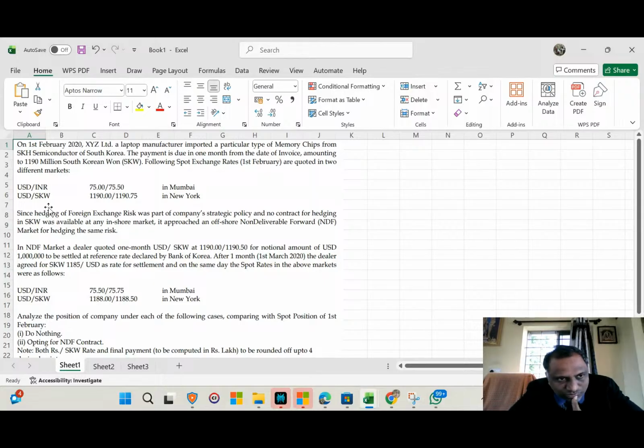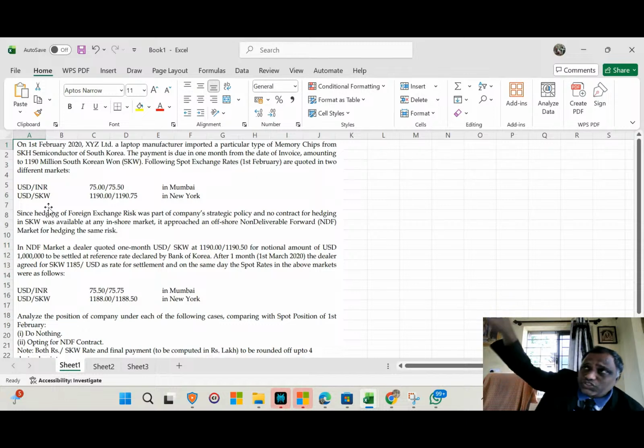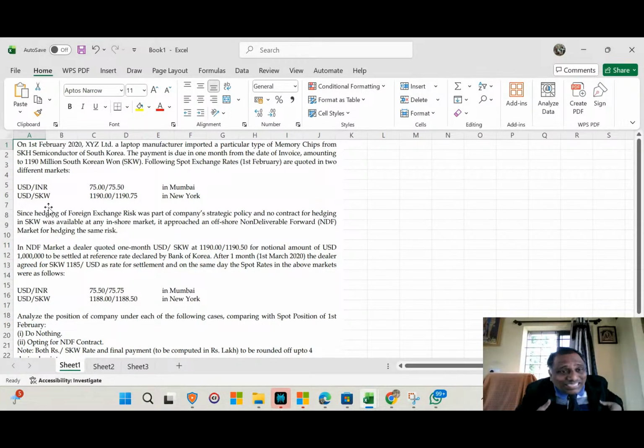See, my dear friend, you understand the question perfectly. The thing here is, I'm an Indian company. I want to pay 1,190 million South Korean won. If I want to pay 1,190 million South Korean won, how much INR do I require to pay?